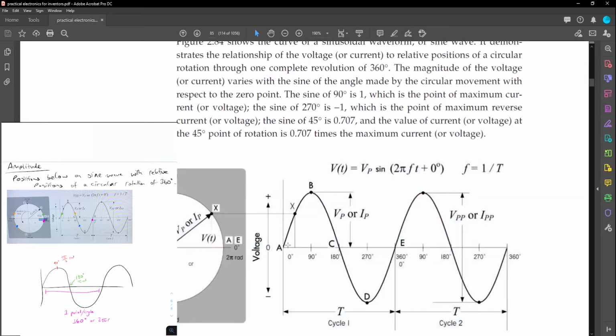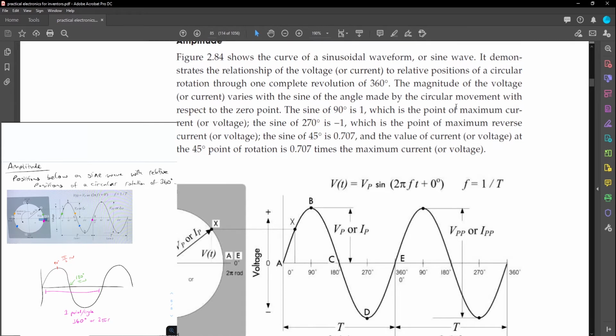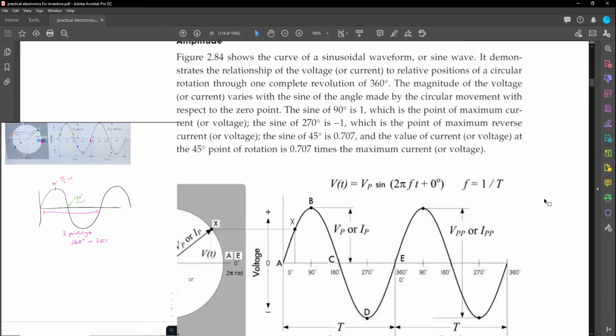Magnitude or amplitude, same thing, right? With respect to 0. Oh yeah, of course. I understand what you're saying. So these two positions here have the same magnitude, and these two positions here have the same magnitude. Okay, I'm comfortable with that.